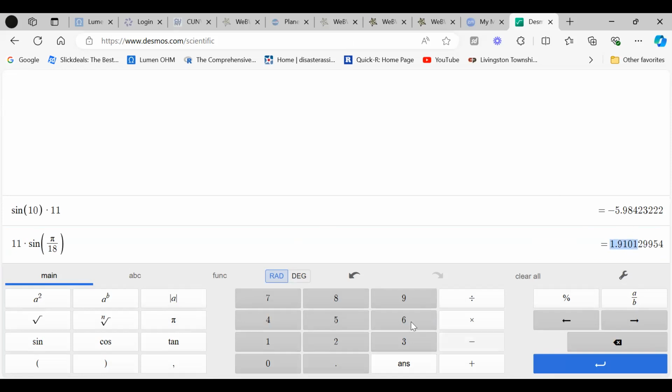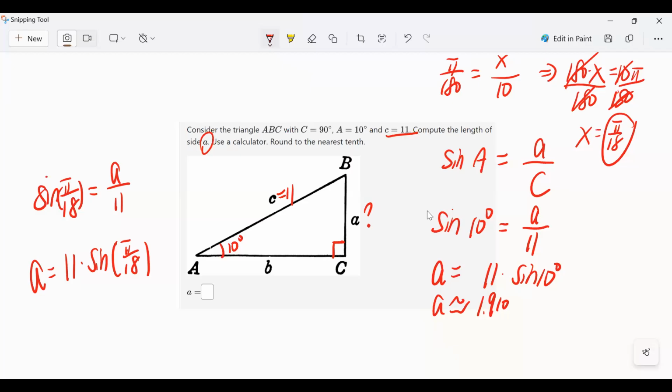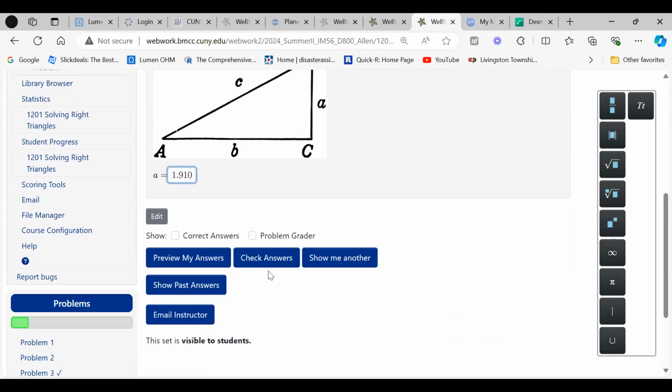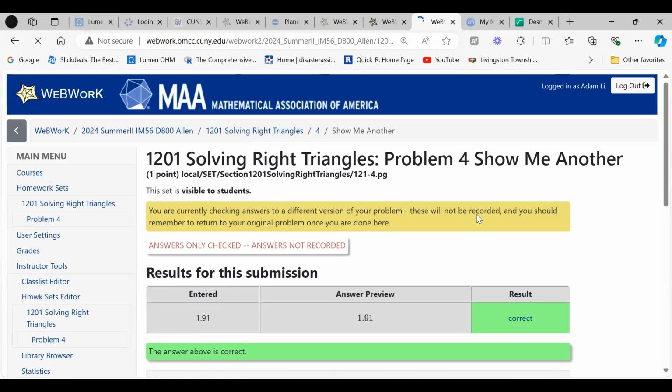Meaning if you put in the radian or degree measurement, you usually get the same result. 1.910. That's the correct answer right there. Check the answer. It's good.